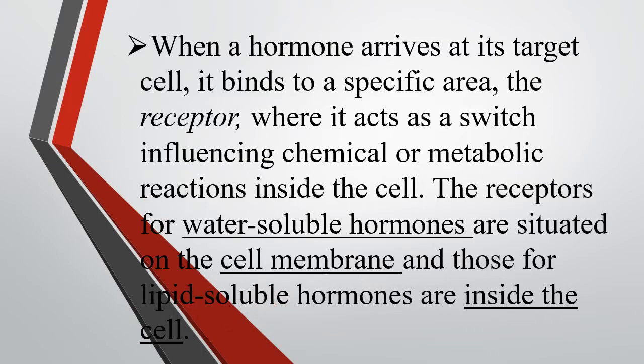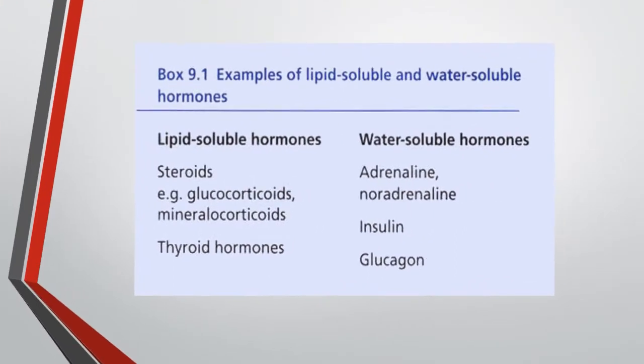Okay? So these are examples of your lipid-soluble and water-soluble hormones. So I already explained, no, the difference between the two. Your lipid-soluble, these are the steroids, such as your glucocorticoids and mineralocorticoids, and your thyroid hormones. Then the water-soluble are all of this: adrenaline, noradrenaline, insulin, and glucagon.